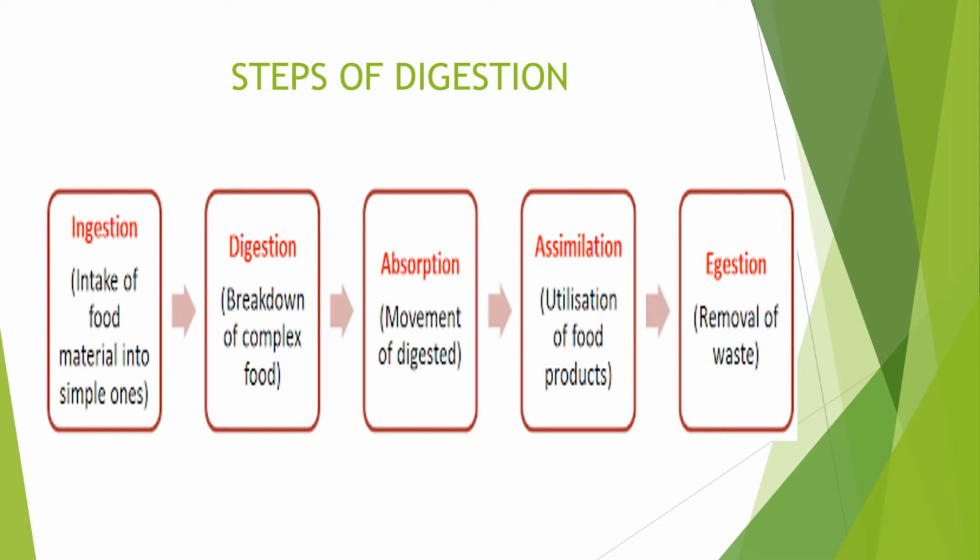Here, the steps of digestion are picturized. You can see that the first step is ingestion, that is intake of food material. After that, the body begins the process of digestion, that is breakdown of complex food into simple absorbable forms. And when it is converted, then there is absorption, in which digested food is moved to the blood.